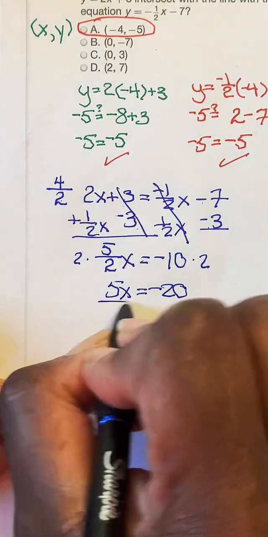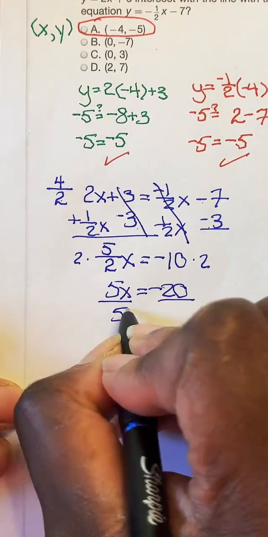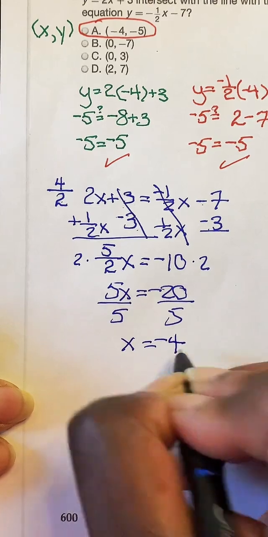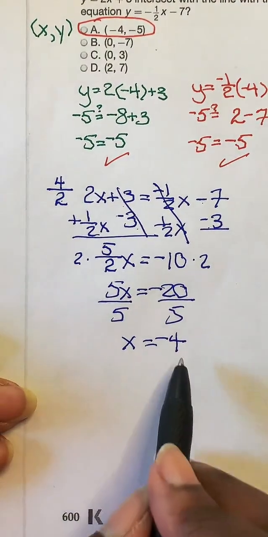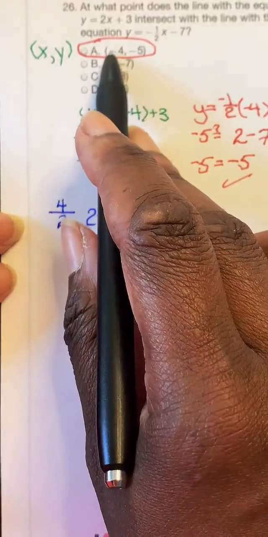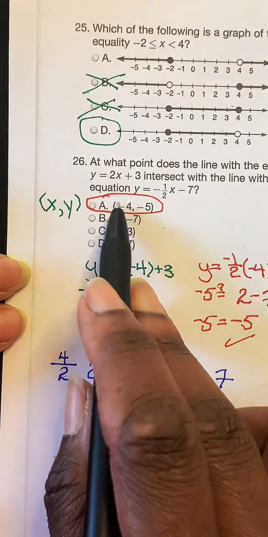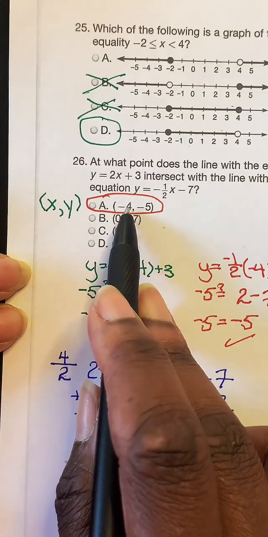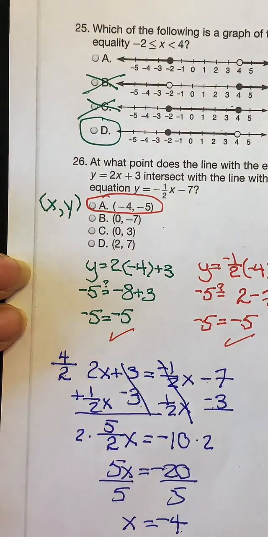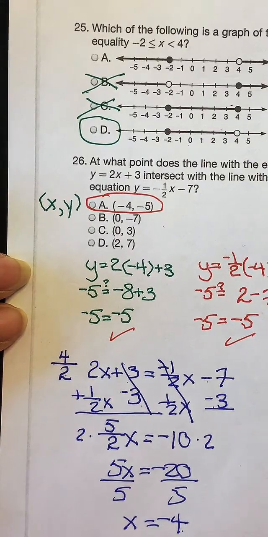Then I will have my x value. And what I just did was found my negative 4. Notice my x is negative 4. What are my x values for my points? This is the only one that gives me a negative 4. That's why A is going to be my answer. I can stop right there.